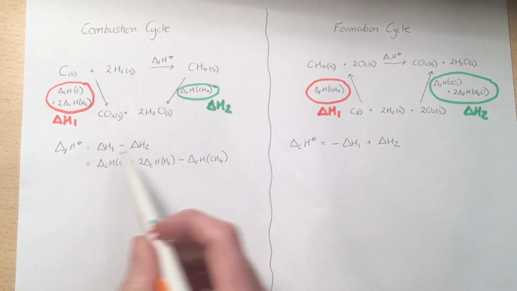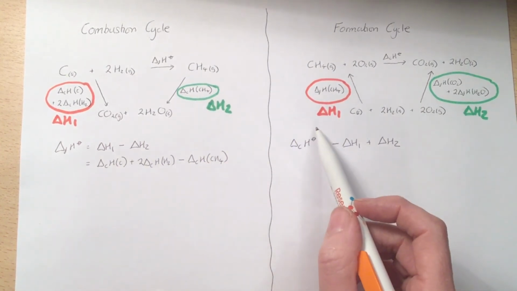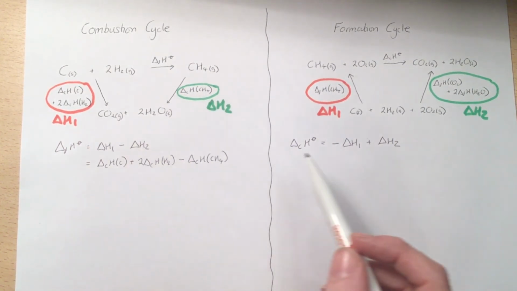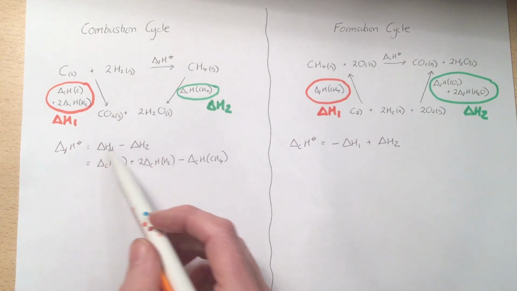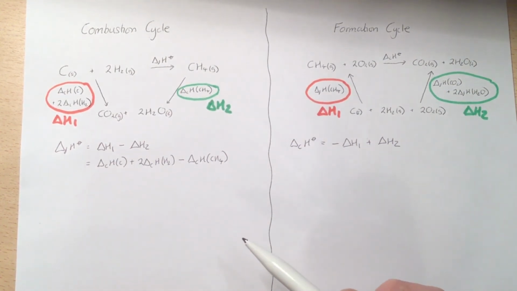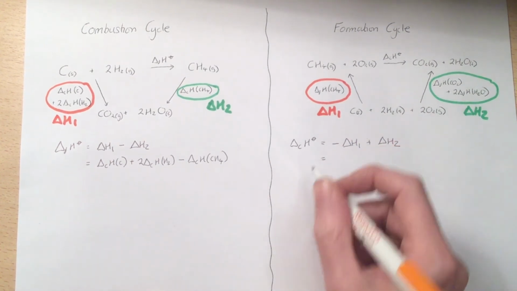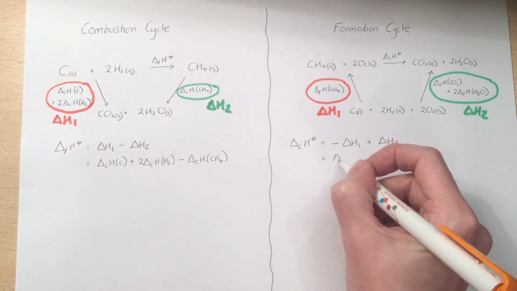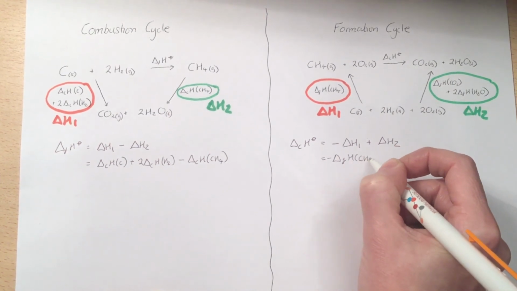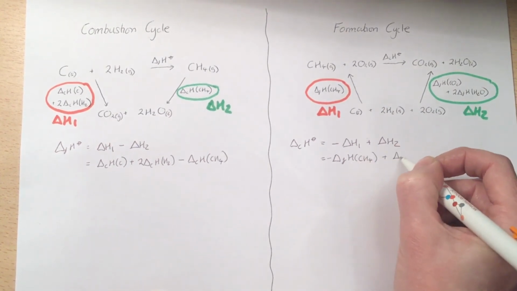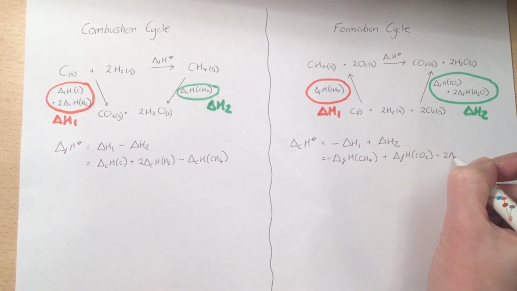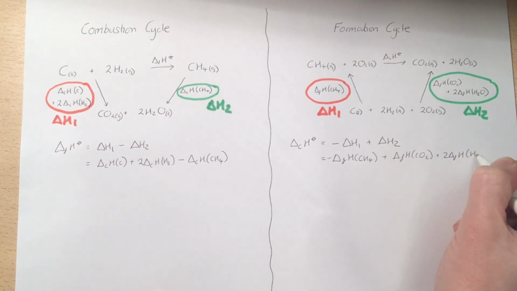And so you can see, if you compare the combustion cycles and the formation cycles, if you don't draw the cycle and look at the arrows, you can end up making a mistake, because you have the negative of a different one because the arrows are a different way up. So if we put in a bit more detail there, that would be minus the enthalpy of formation of CH4 plus the enthalpy of formation of carbon dioxide, and 2 times the enthalpy of formation of water.